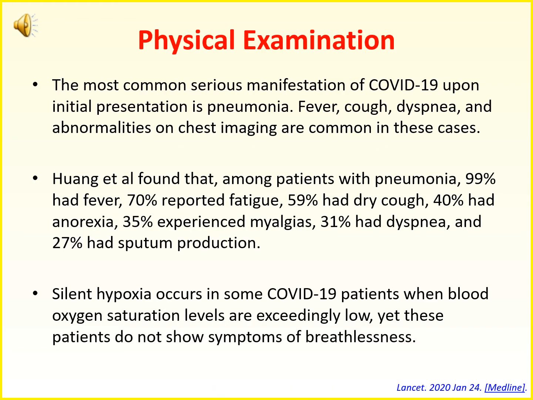The most common serious manifestation of COVID-19 upon initial presentation is pneumonia. Fever, cough, dyspnea, and abnormalities in chest imaging are common in these cases. It was found that among patients with pneumonia, 90% had fever, 70% reported fatigue, about 60% had dry cough, 40% had anorexia, 35% experienced malaise, and 31% had dyspnea, and 27% had sputum production.